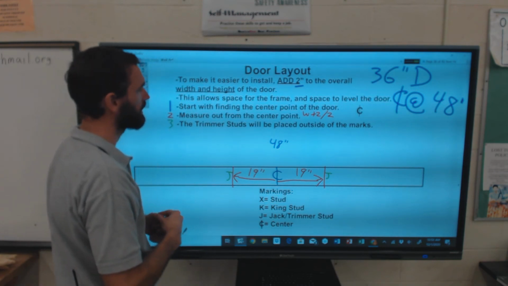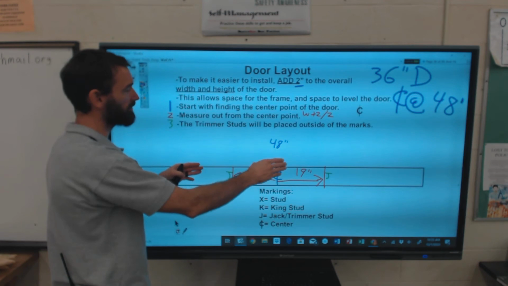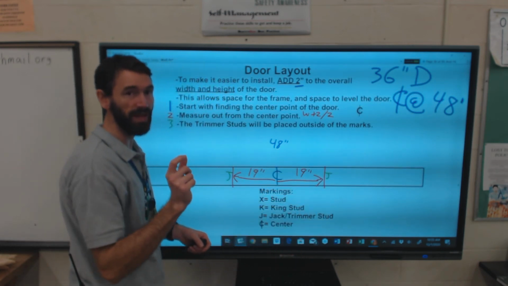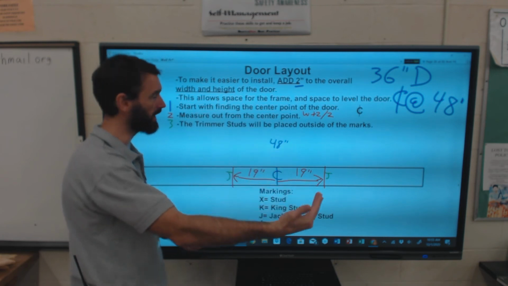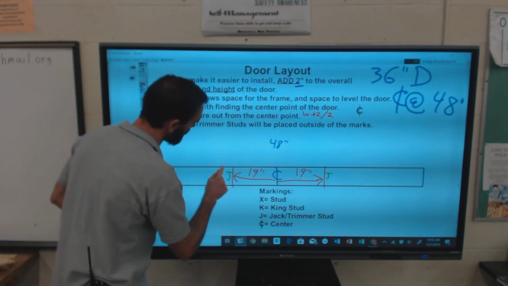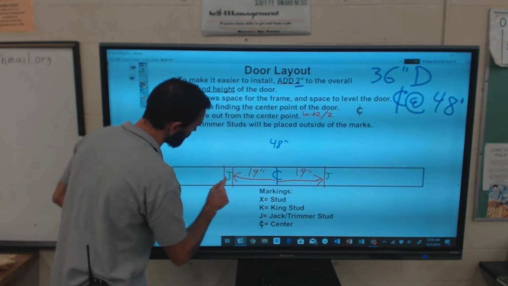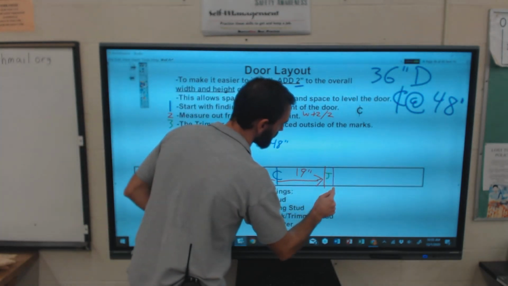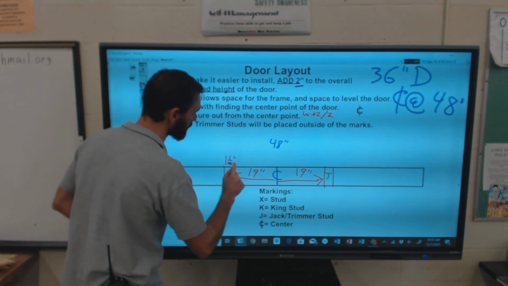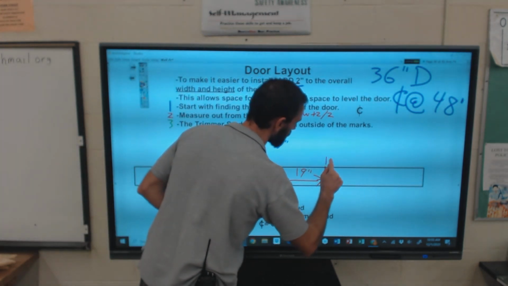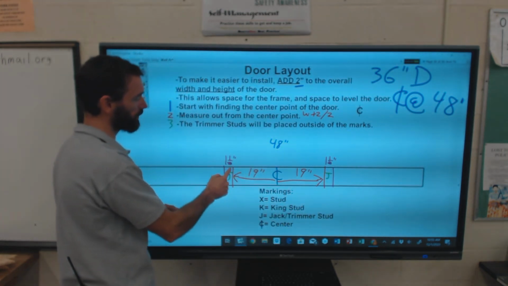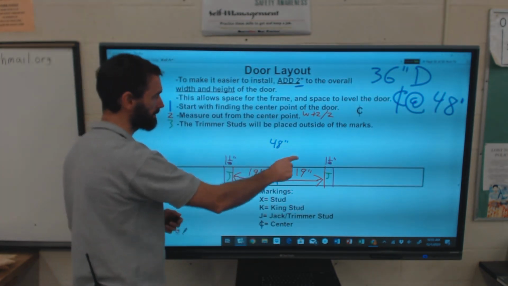Now, once you have these, you need to measure over one more time for the thickness of that jack so you can get your king stud on the back side of that. So we're going to measure over on each side of these. This will be 1.5 inches. 1.5 inches from my red line to my purple line.